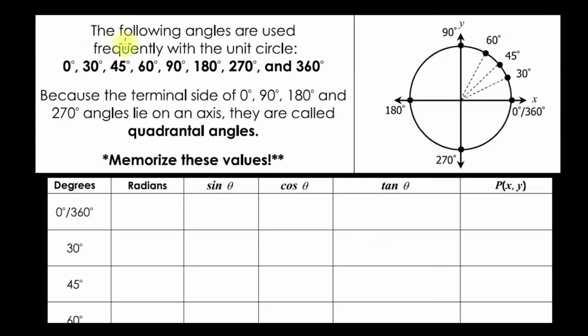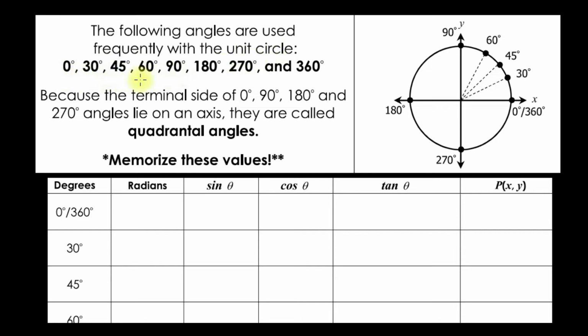Now we're going to get into special angles. The special angles are 0 degrees, 30 degrees, 45 degrees, 60 degrees, 90 degrees, 180, 270, and 360. So those are your special angles. The following angles are used frequently in the unit circle.